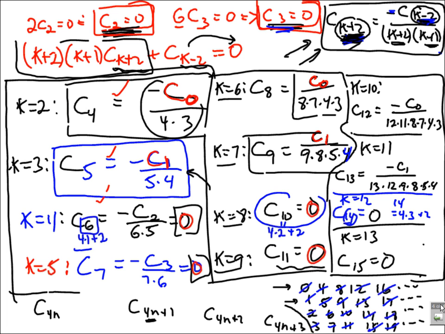The 4 times 1 is on the 4 table, 4 times 2 is on the 4 table, 4 times 3 is on the 4 table. So those numbers are 2 more than numbers on the 4 table, and they all equal 0. That's always 0.